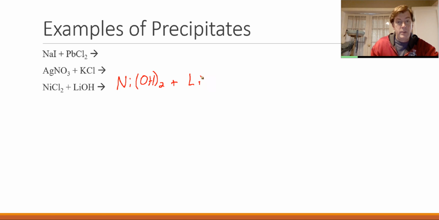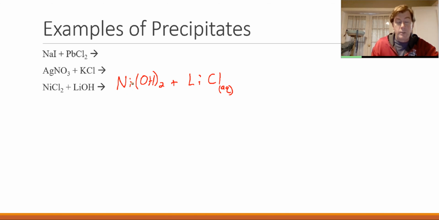And lithium is a +1, chloride's a -1. Again, I'm not balancing. So we look at our rules. Lithium, again, alkali metal. It's not fluoride, so I know I'm okay. Again, I could also look at the chloride side of things, and that's not one of the exceptions of the rule.